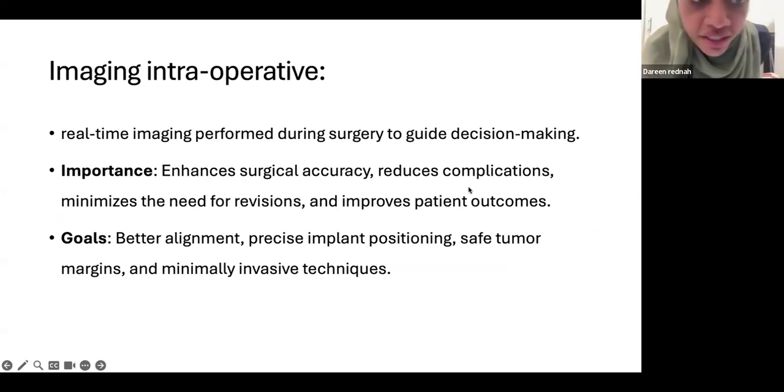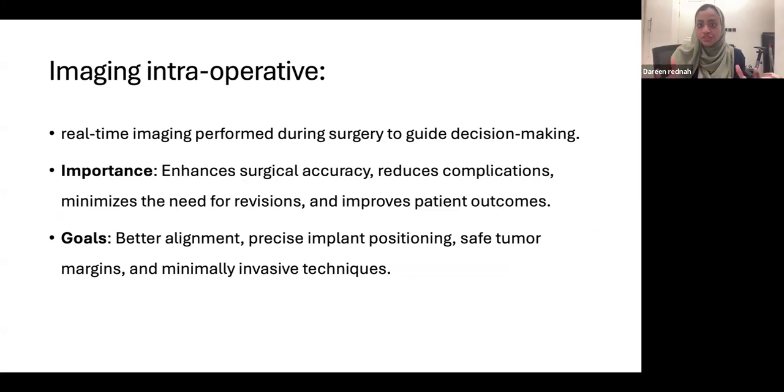Intraoperative imaging is real-time imaging during the procedure, during the surgery, guiding the decision making. It enhances surgical accuracy, reduces complications, and minimizes the need for revision.